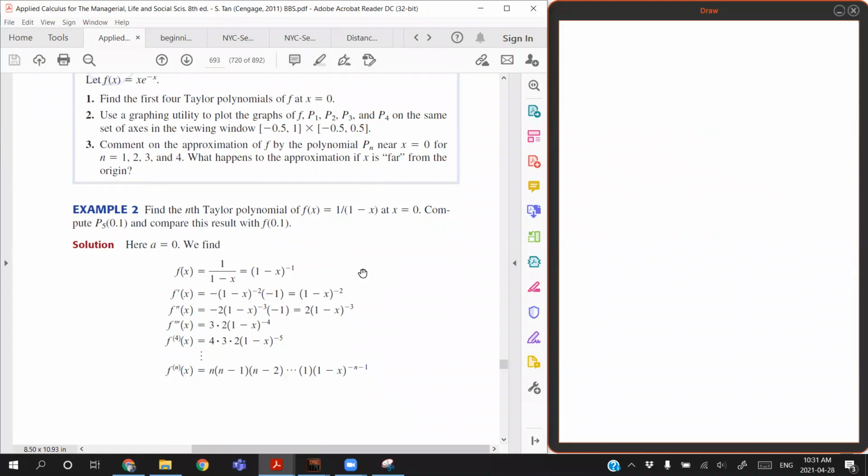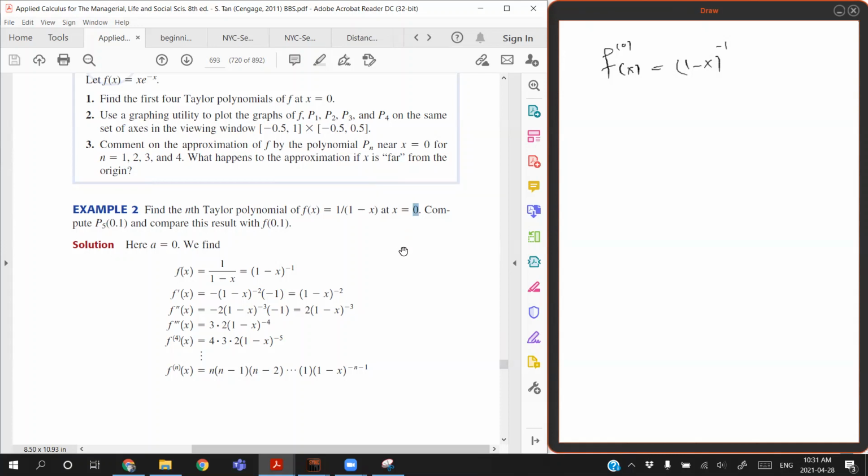Okay, so let's look at a problem that is a little more difficult. Find the nth Taylor polynomial for the function f of x, which is the same thing as f0 of x, that's the original function, is 1 minus x to the power of minus 1. 1 over 1 minus x, that's the same thing as 1 minus x to the power of minus 1. And we want the Taylor polynomial to be centered at x equals 0. So a is 0. And if a is 0, we're dealing with a Maclaurin series.